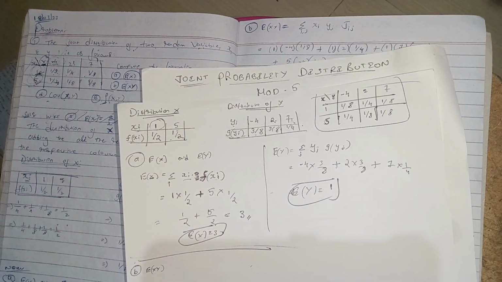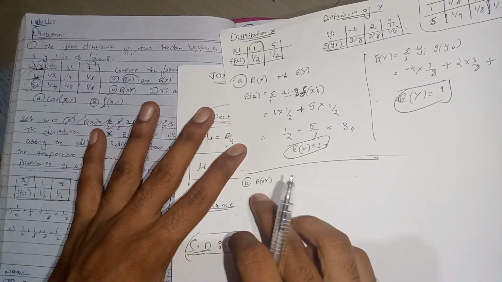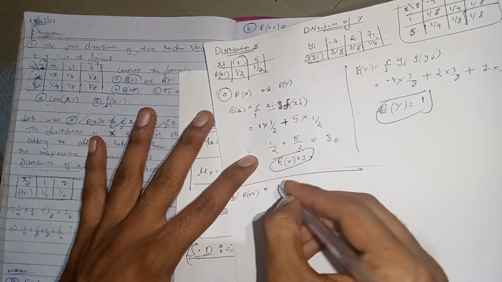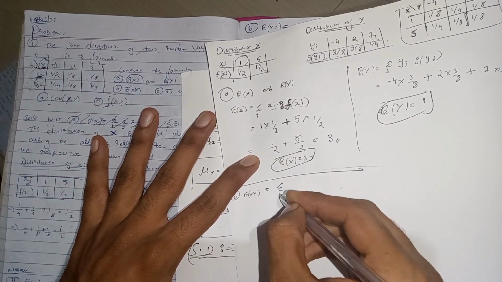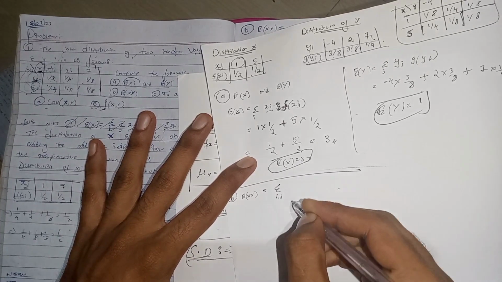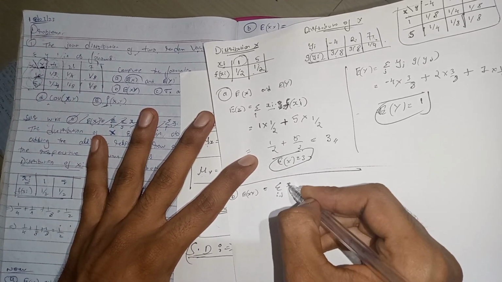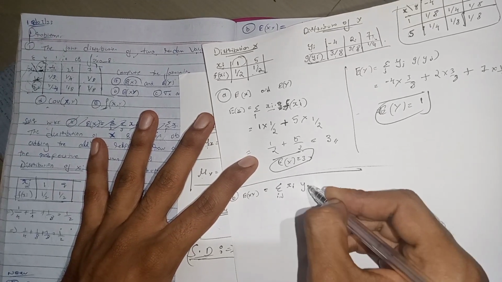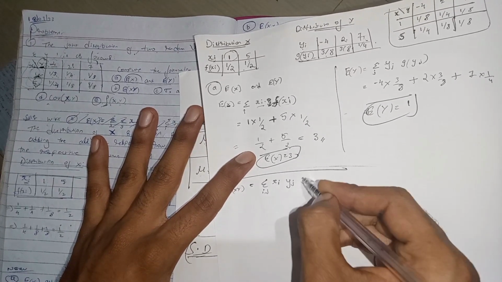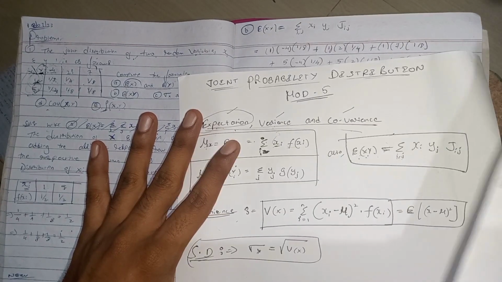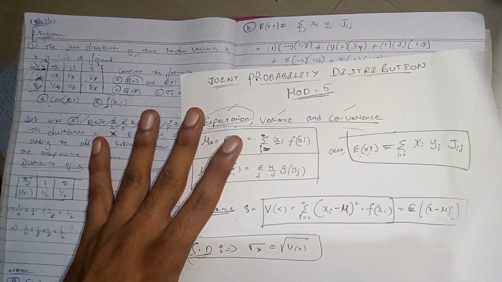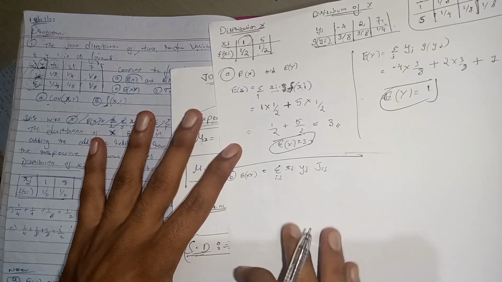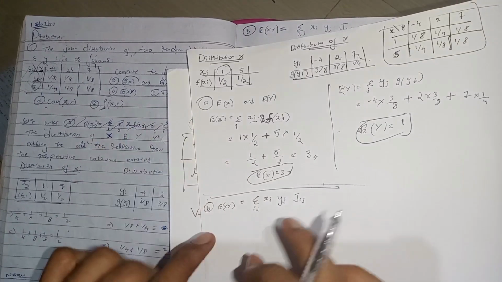Now, in order to find E of xy, first we'll write the formula: summation over i comma j of xi into yj into Pij.